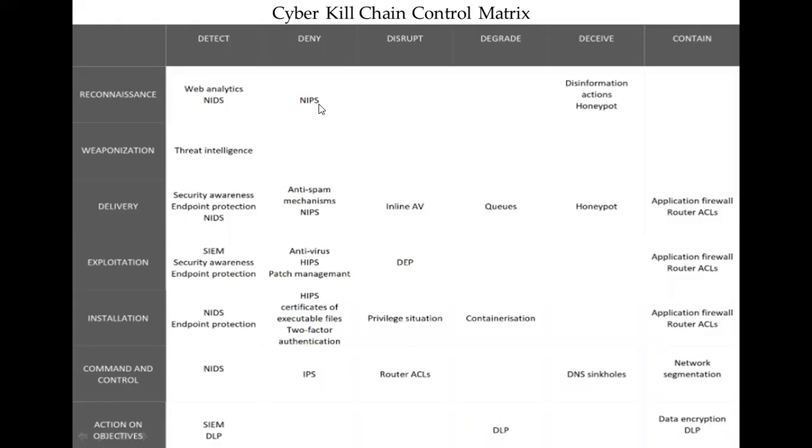Then secondly, we go on to weaponization. What can you do as an organization to detect any form of malicious payload that an attacker can use to attack your organization? That's where you have threat intelligence solutions, like Group-IB, Alien Vault.